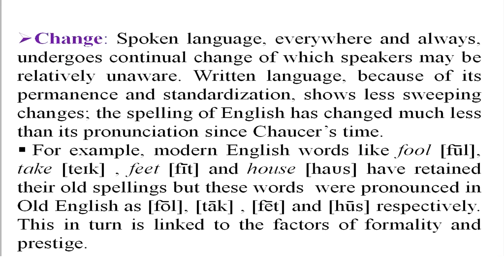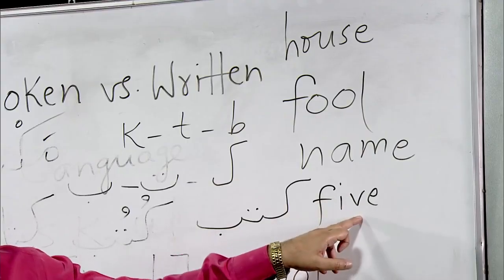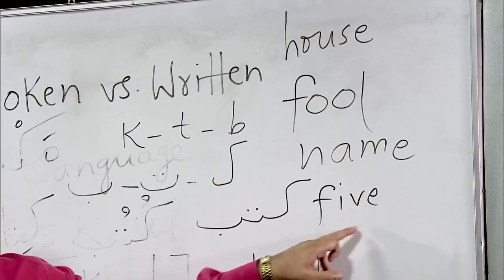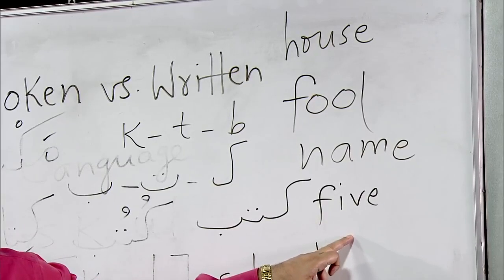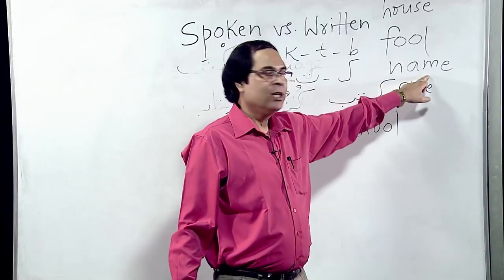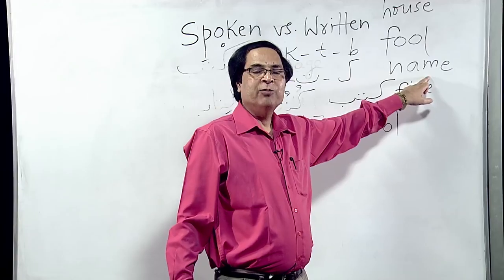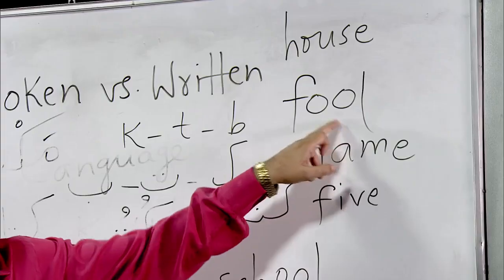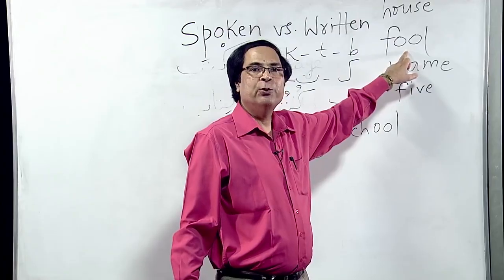Then we have five, which was pronounced as fever, which later became feeve, and now we pronounce it five. So, E became I. Nama became naam, and then A changed to A, name. Fool was foal, it became fool.